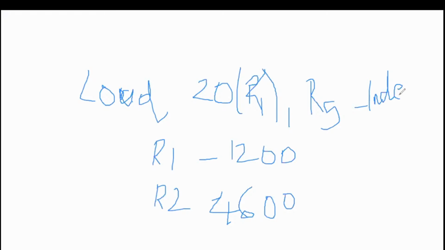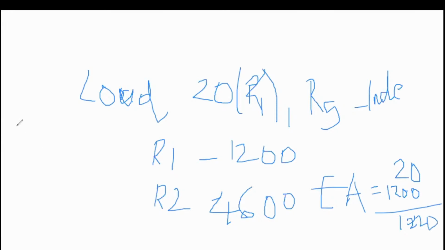How to find the effective address in index addressing mode? What is the offset here? 20. And what is the value of R1? 1200. Both will get added, that becomes 1220. It's your effective address.